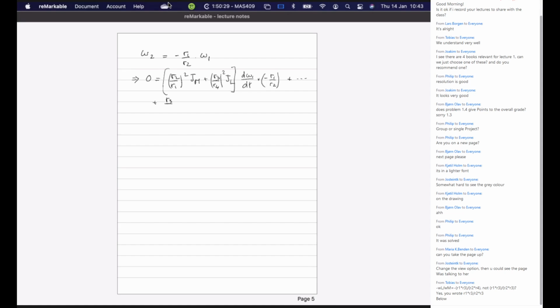Plus R3 divided by R4 TL plus R2 divided by R1 TE.